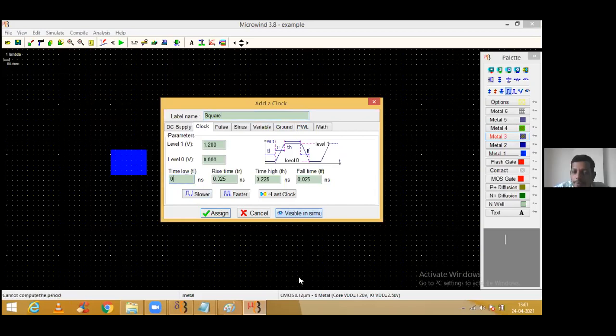When I have TL equal to TH, am I right, guys? And TR and TF should be exactly at the lowest value. I hope everybody is getting that. How are we going to design a clock as a perfect square? When TL equals TH and TR equals TF, but at the lowest value.